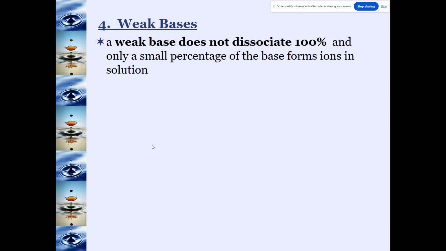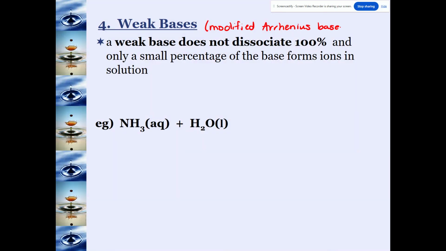And the other bases that we talked about yesterday that are considered weak bases are the modified Arrhenius bases. Okay, so these are things like ammonia, which you just have to memorize that ammonia is a weak base, and your anions. Remember yesterday we talked about how anions, negatively charged ions, can also act as a modified Arrhenius base, and the modified Arrhenius bases are all weak bases.